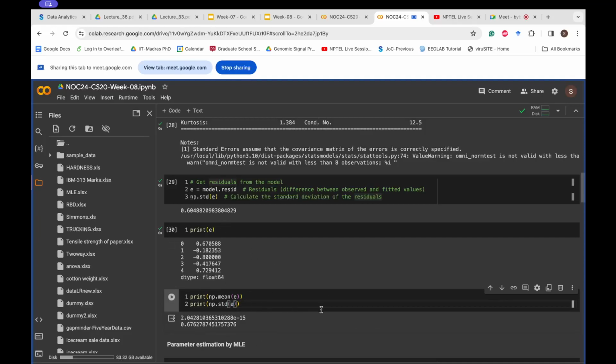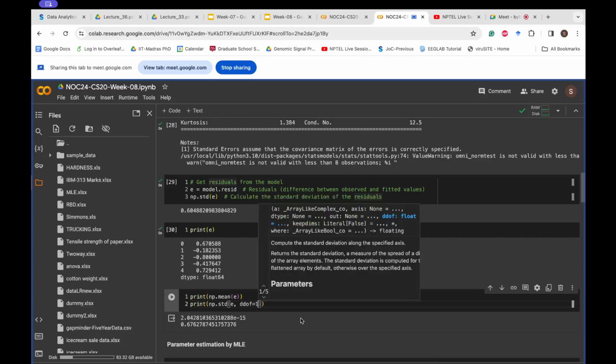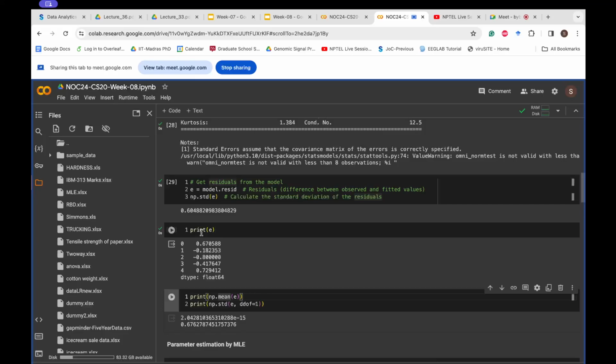But if you have that ddof set to 1, the denominator, the degrees of freedom, will be n minus 1, where n is the size, the number of data points you have. So if it is ddof equal to k, your degrees of freedom will be n minus k.